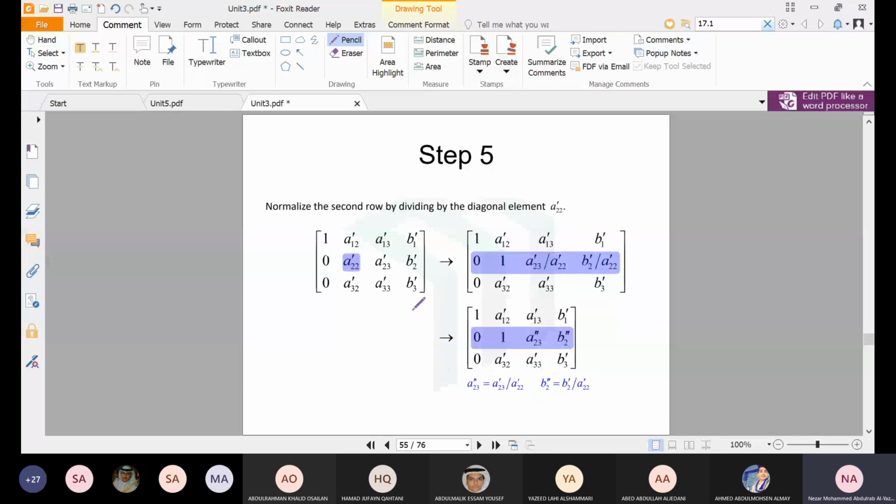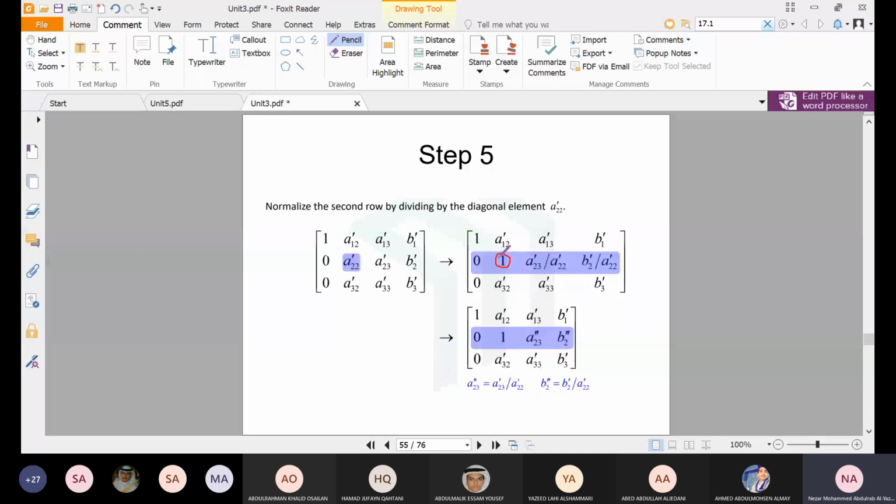If we want to normalize the second row, we divide by the diagonal element A22 prime. So I will divide row number 2 over A22 prime. So in this case, I normalize this one. Now the diagonal coefficient becomes 1, and I have changes in these coefficients.